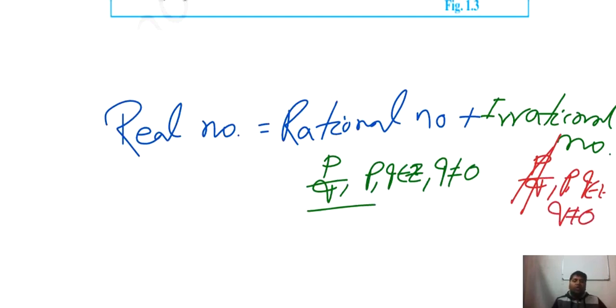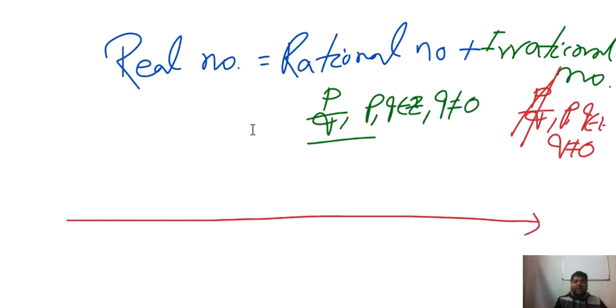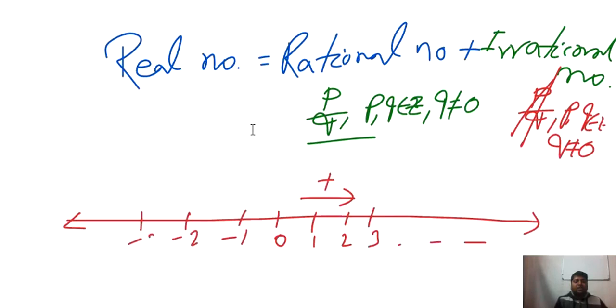All the rational and irrational numbers, that means real numbers, we represent on this number line. On this number line, at 0, we get 1, 2, 3, the positive numbers, and on the left-hand side minus 1, minus 2, minus 3, minus 4, the negative numbers. This shows the relationship between real numbers and the number line.